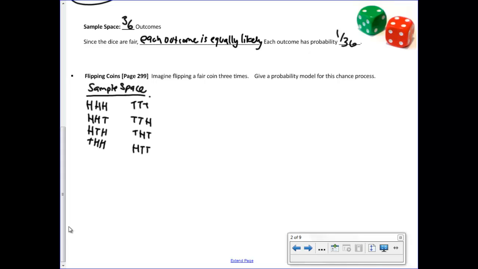How many outcomes are there? The sample space has 8 outcomes. And then the probability of each outcome, the probability each of these happens would be 1 out of 8. So this would be like our sample space, this would be our probability.